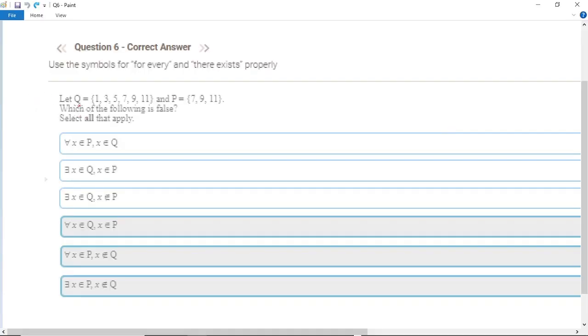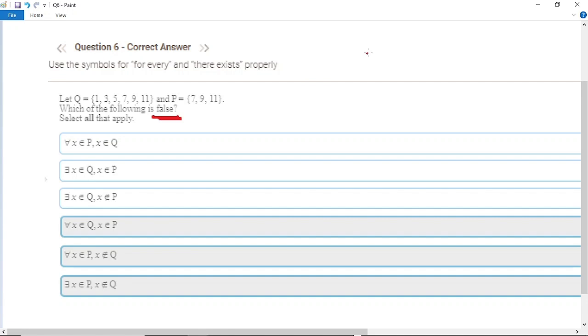Let Q equal the set of numbers 1, 3, 5, 7, 9, 11, and B equal to the set of numbers 7, 9, 11. Which of the following is false? It's asking for false, so not true. Select all that apply. Let's see the first answer.